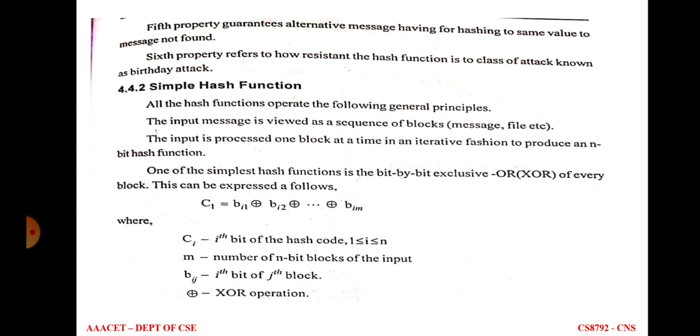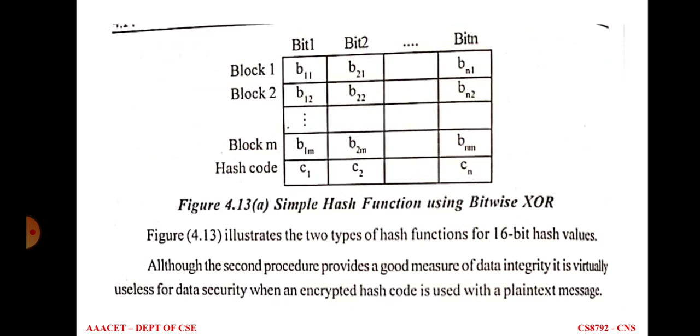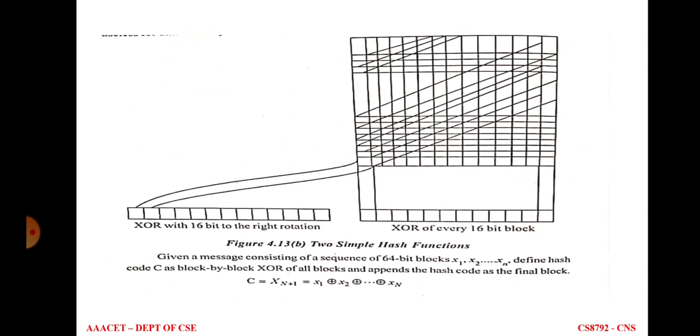So here we can clearly see that C1 is equal to B11 XOR B12 XOR up to B1m. Similarly C2 is equal to B21 XOR B22 XOR B2m, and so on. So the hash function is performed by using a simple bitwise XOR operation.